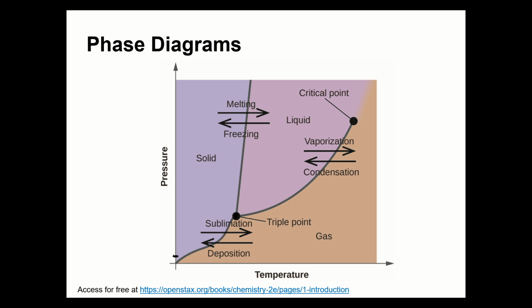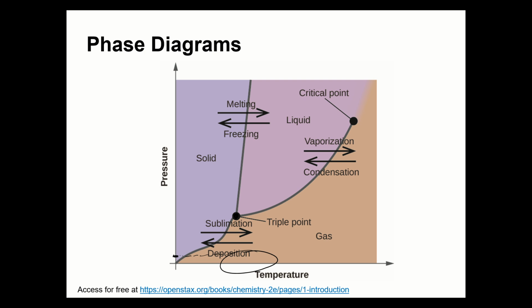At normal pressure and very low temperature, you're going to have your solid phase. And then as you go across, you may go through the liquid phase or you may go straight to the gas phase. And just estimating here, the normal temperature is probably somewhere in this region. So you can tell that at normal temperature and pressure conditions, this is probably going to be a gas.